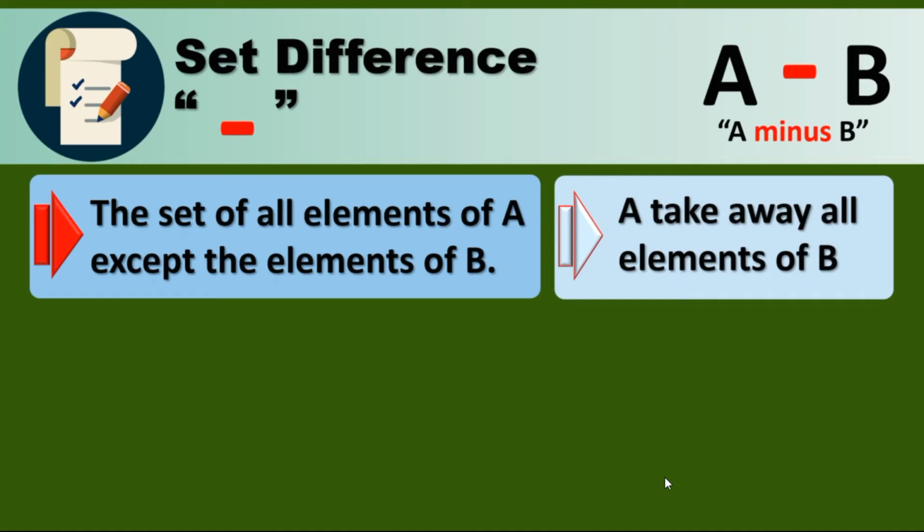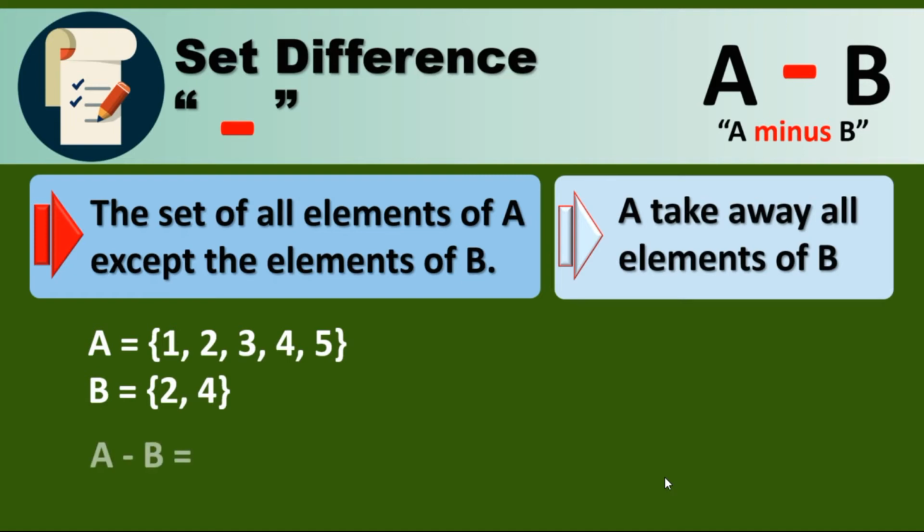Let's have another example. If A is equal to the set that contains 1, 2, 3, 4, and 5, and B contains 2 and 4, what is A minus B? If we take away 2 and 4 from 1, 2, 3, 4, and 5, what is left? 1, 3, and 5. Very good. Next example.